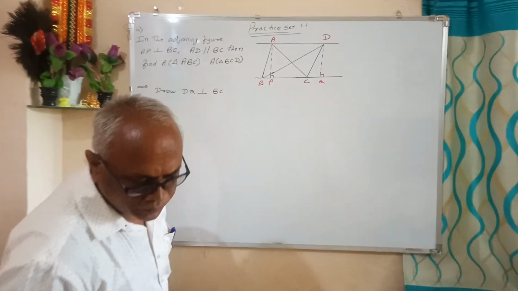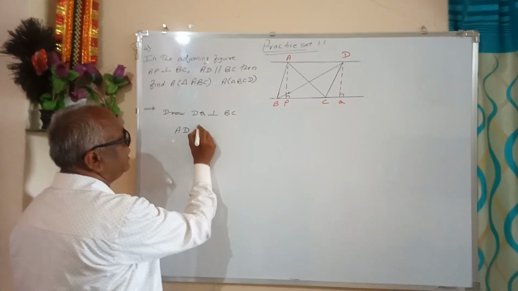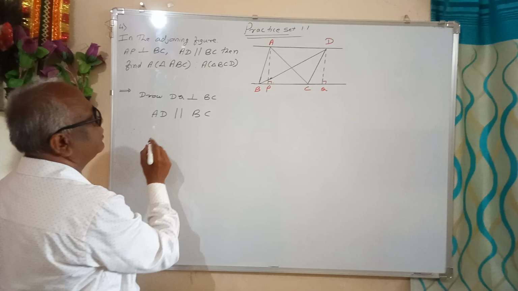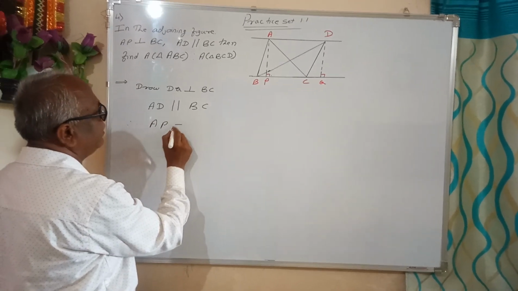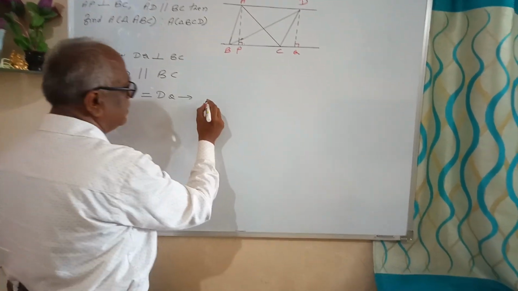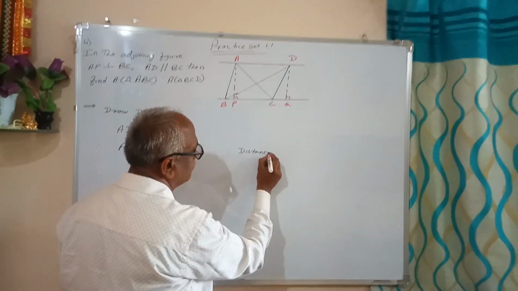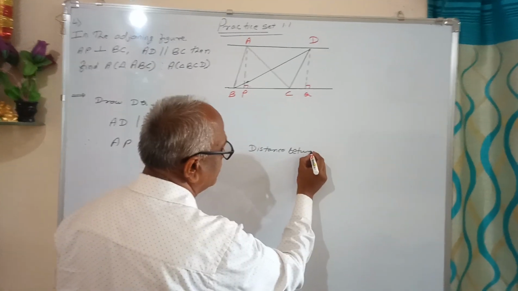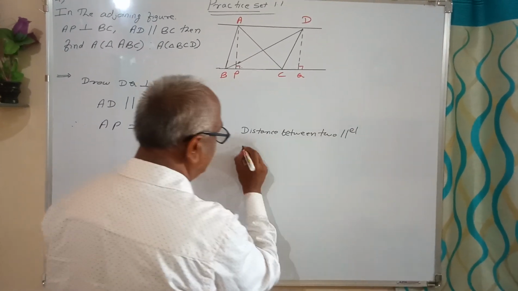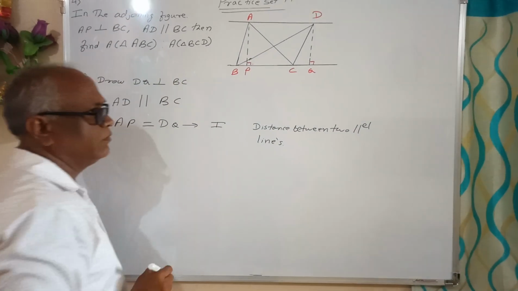Therefore, here AD is parallel to BC. Therefore AP is equal to DQ. Reason: distance between two parallel lines. That we are taking as equation number 1.